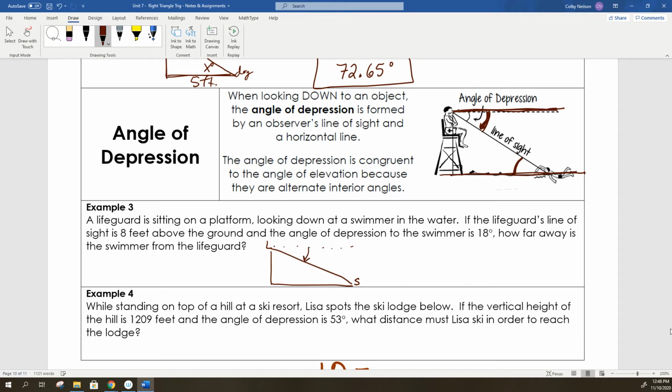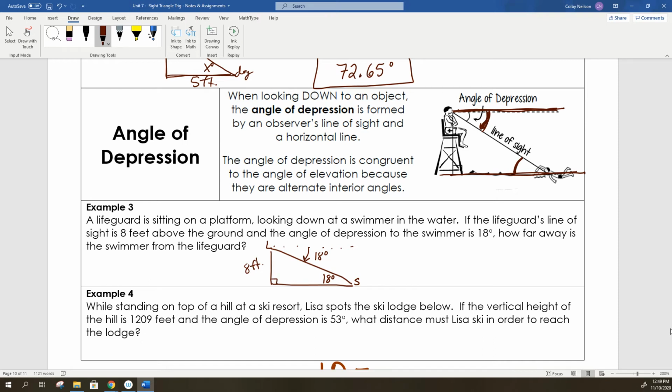If a lifeguard's line of sight is 8 feet above the ground, so that probably would be this height over here, and the angle of depression to the swimmer is 18 degrees. So this angle of depression is 18 degrees, which means down here, from the swimmer, you'd have an 18-degree angle of elevation. And we're going to use that because that's inside our triangle.